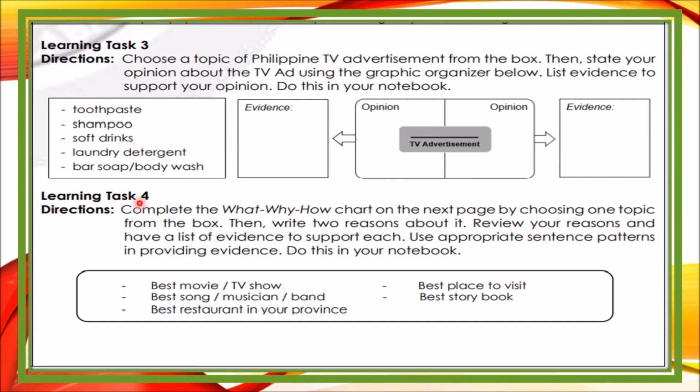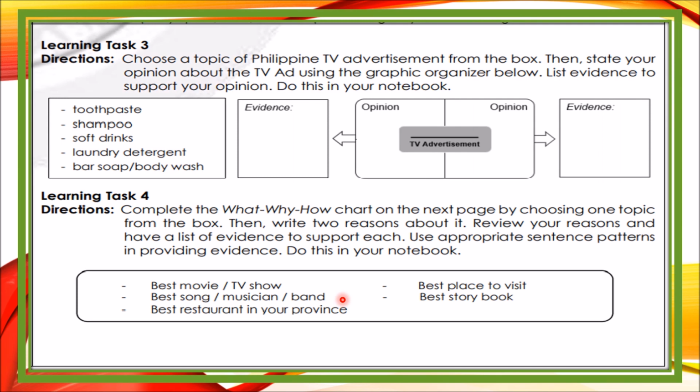For learning task 4, complete the what, why, how chart. As I showed you a while ago, the what and why chart is a chart that you're going to answer. So choose one topic from the box, then write your reasons about it. Review your answer, your reasons, and have a list of evidence to support it.